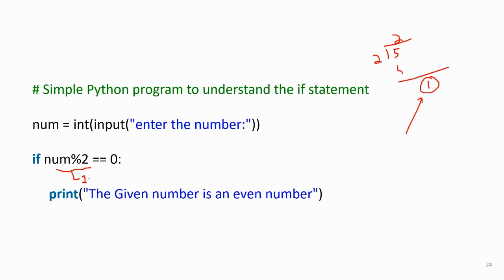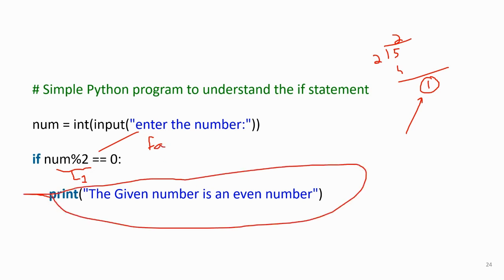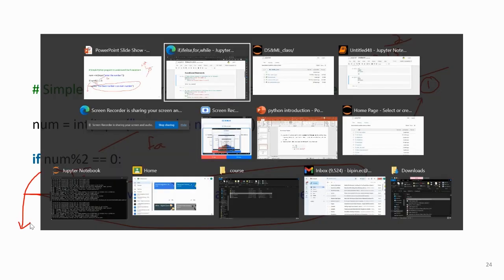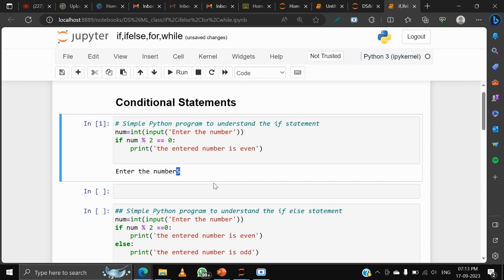No. So it evaluates to false. So if it is false, this code will not get executed and nothing will get printed. Rather, it will go and execute the next instruction. And since there is no instruction after this, it will not output anything. So this is the use of the if statement.